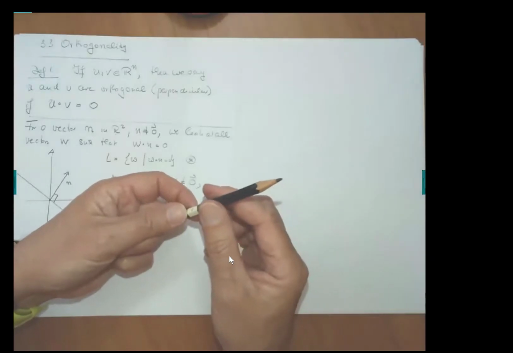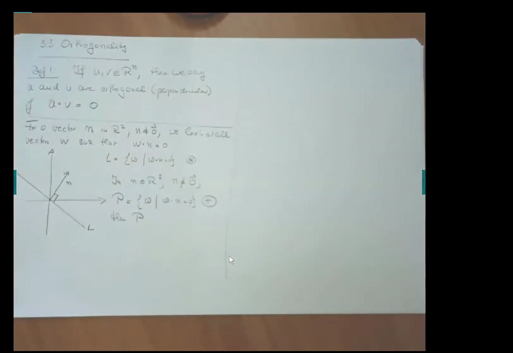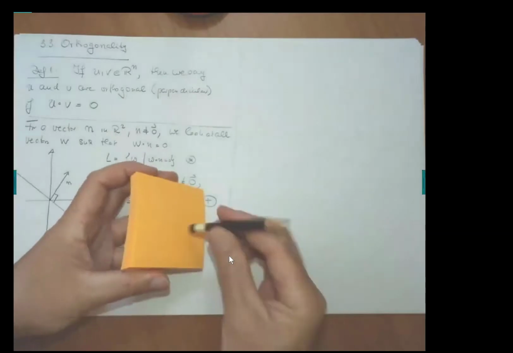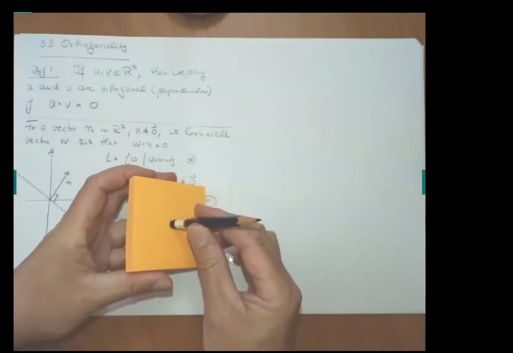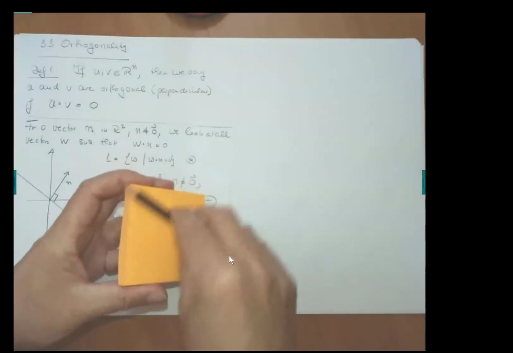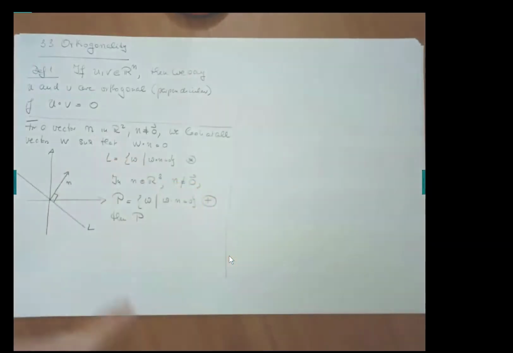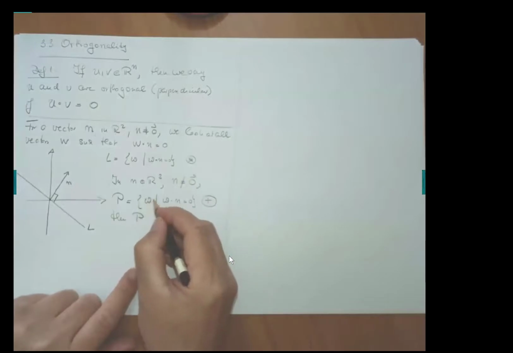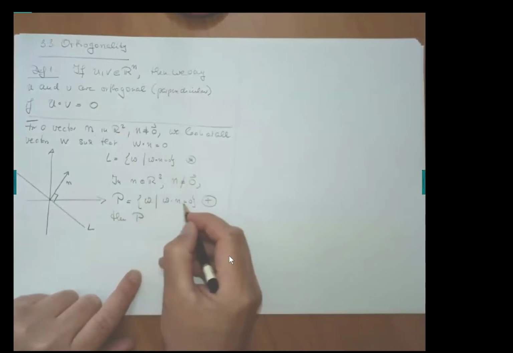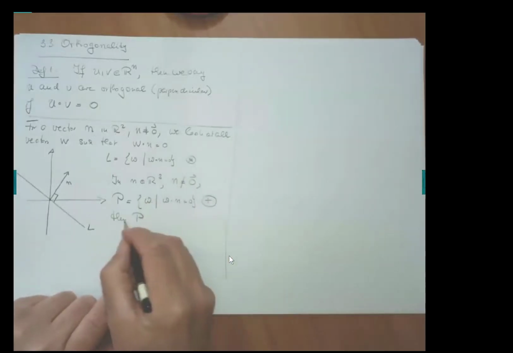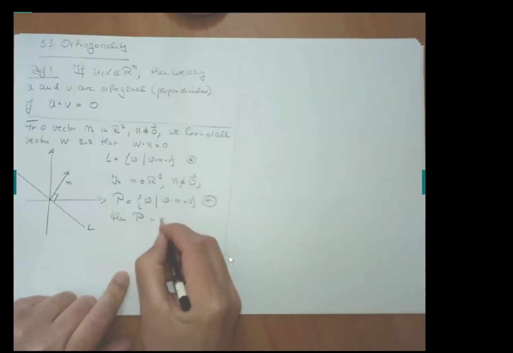And it turns out, what you get is actually a plane. Every vector in this plane is perpendicular to this vector. So in 3 dimensions, if you look at all w's that are perpendicular to n, this is actually a plane.